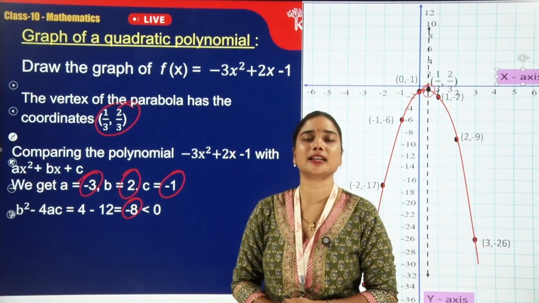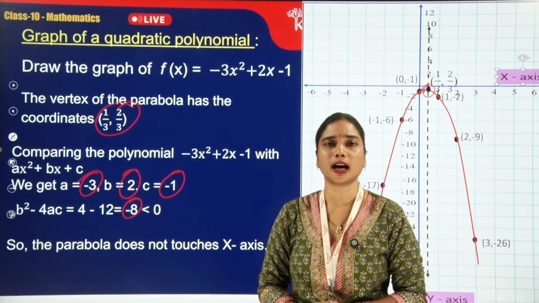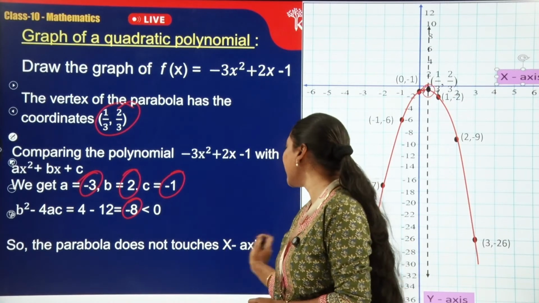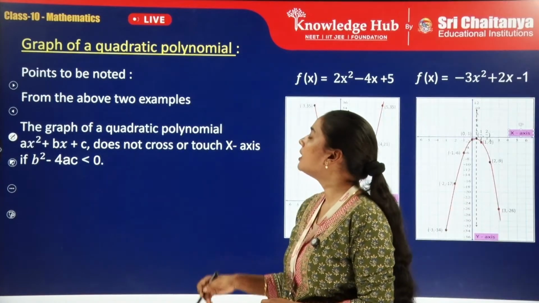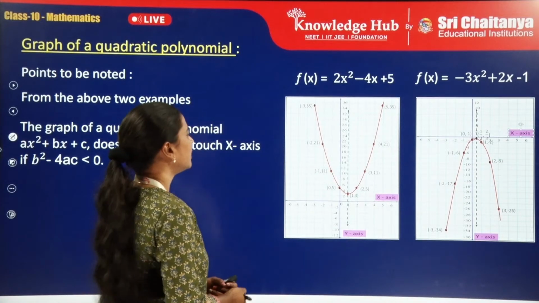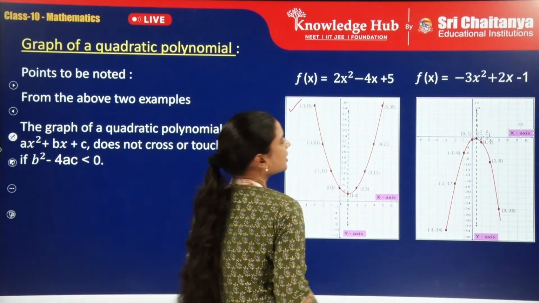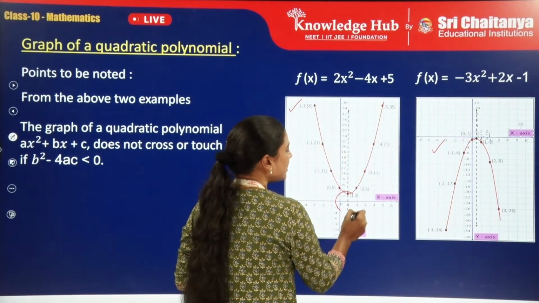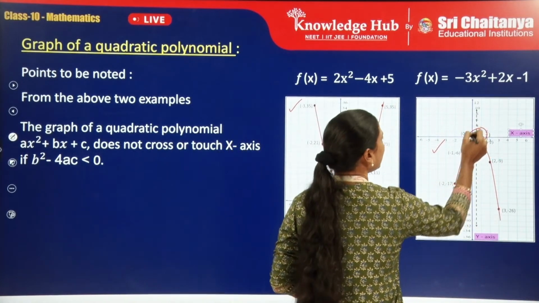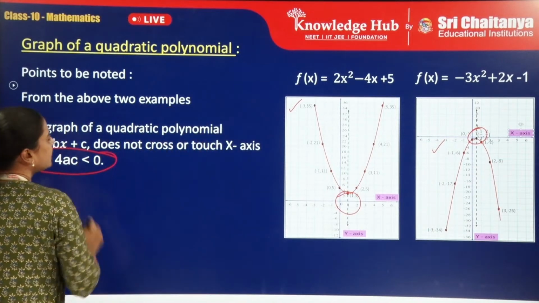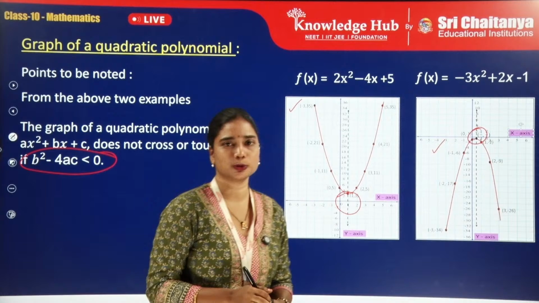As it is negative, the parabola does not touch or cross the x-axis. Now compare the two graphs which we have discussed. The parabola opening upward, the parabola opening downward, and the parabola is not touching the x-axis. The reason is that b square minus 4ac is negative.